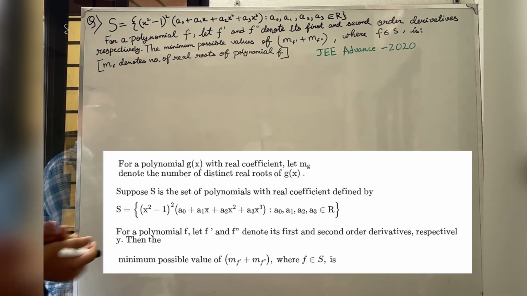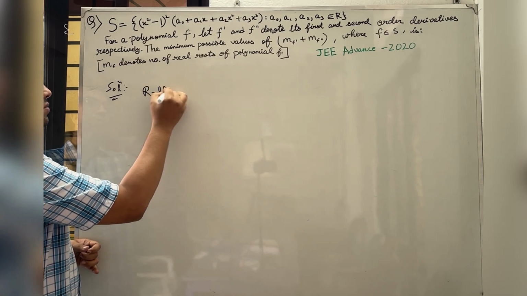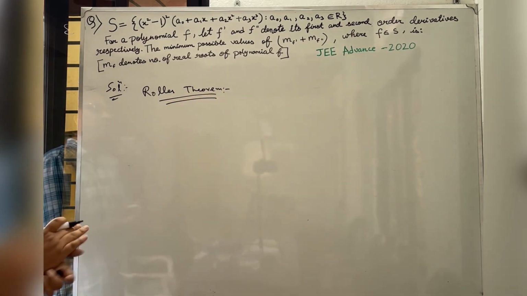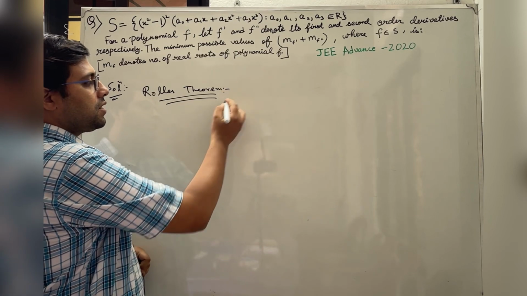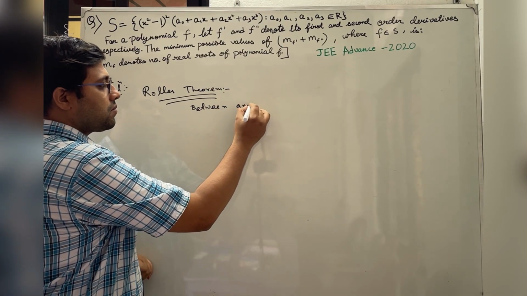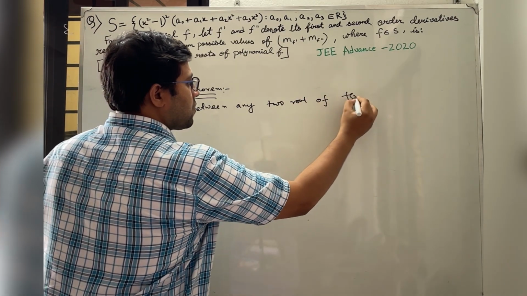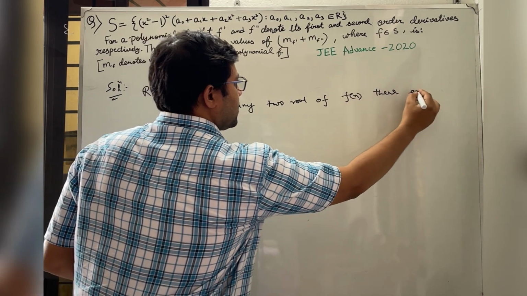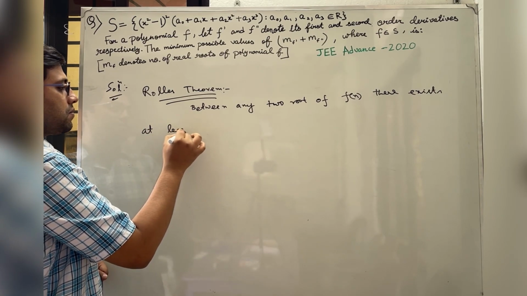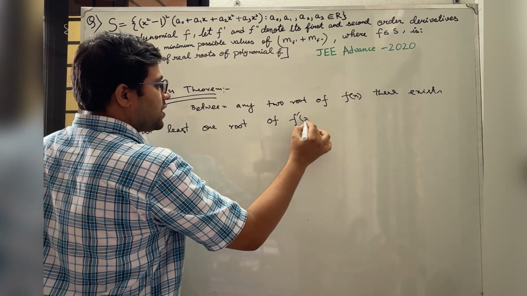So students, first we will see what is Rolle's theorem. Rolle's theorem says that between any two roots of f(x), there exists at least one root of f'(x).